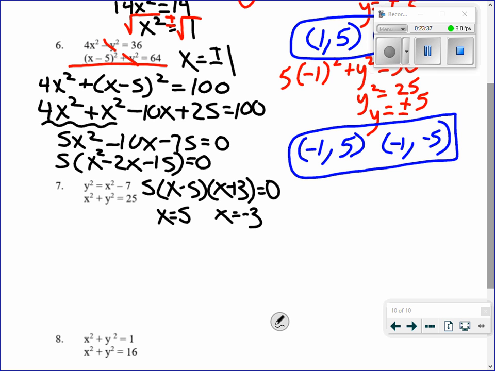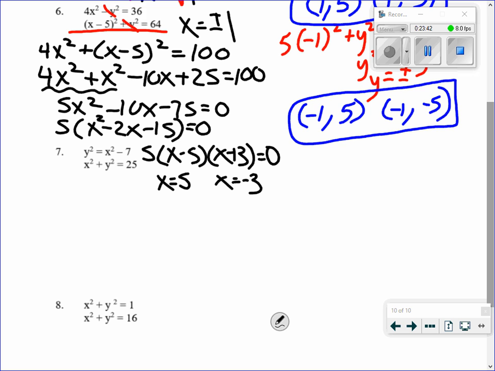So if I have my x's, what should I do next to find the y's? Yep, substitute, plug it back in. I'm just going to plug it into the second equation because it looks a little easier for me. So we'll have 5 minus 5 squared plus y squared equals 64. So what's 5 minus 5 going to become? 0. 0 squared would just be 0.